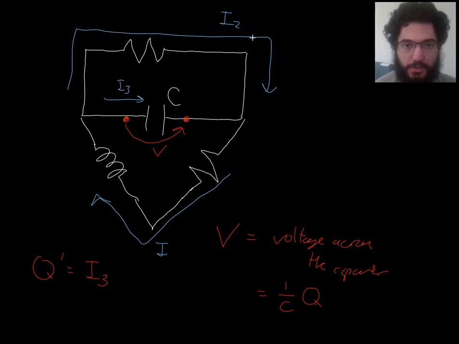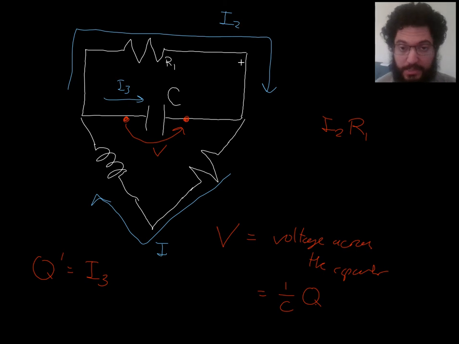Similarly, since we chose I2 to point in this direction, and since this resistor had resistance R1, what did we say is the voltage across this? Well, you use Ohm's law, right? And we said it's I2 R1. That's the voltage drop across this resistor.